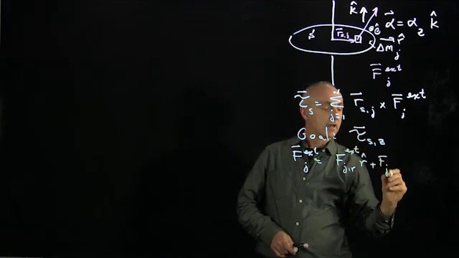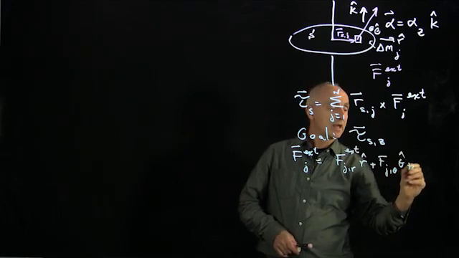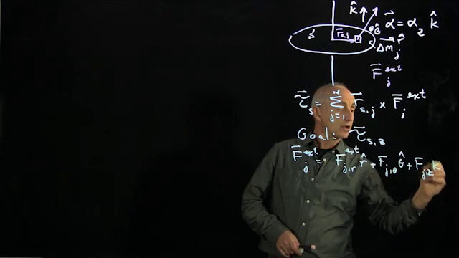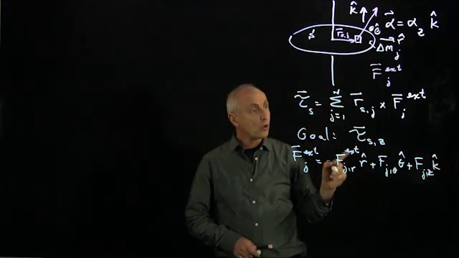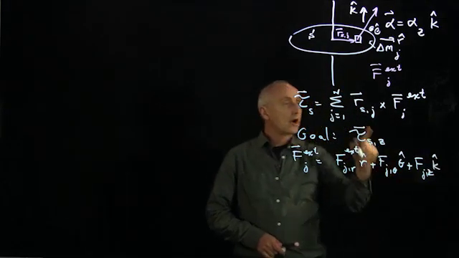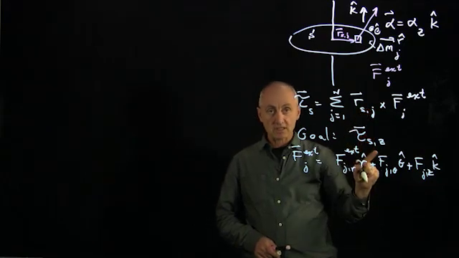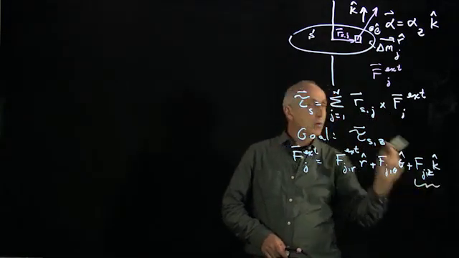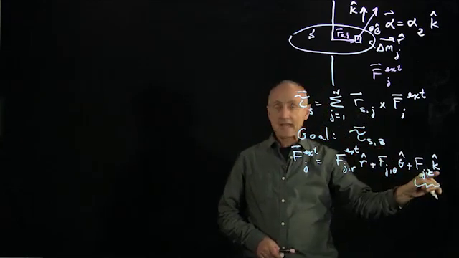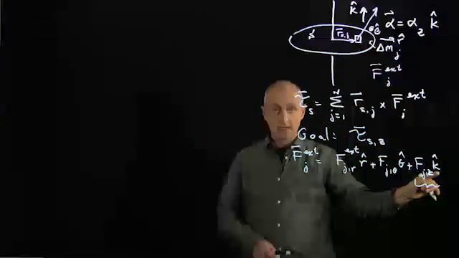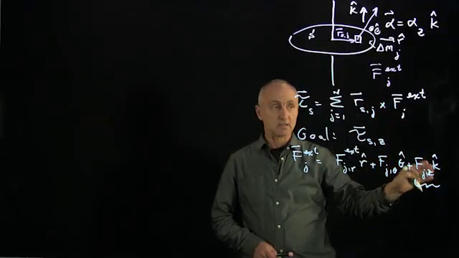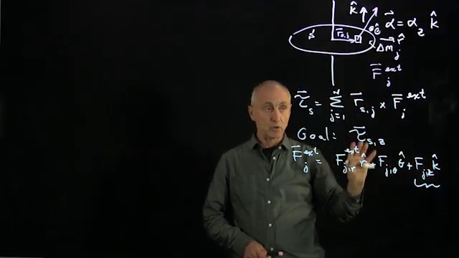It can have a theta hat component, and it can also have a z component. But recall that a cross product is always perpendicular to either of the elements. So when I cross r with anything in the k direction, that will give a component that's not in the z direction, and so I can ignore that.